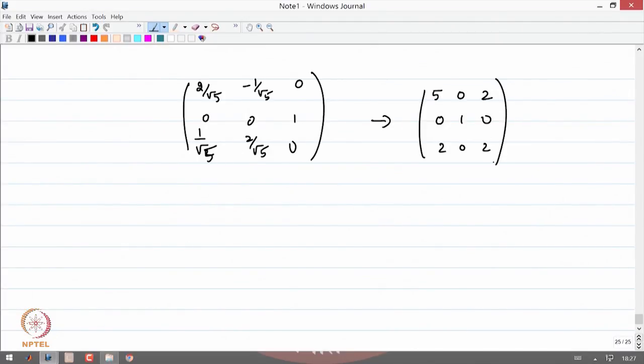Okay. Now in taking the determinant, you recall that this row and this column which has 1 in the middle is not connected to any other row or any other column. You see that all the other elements of this row are 0, all the other elements of this column are 0.